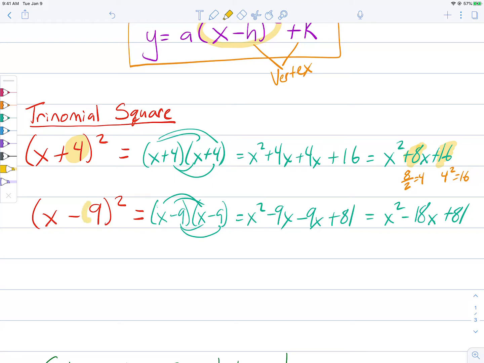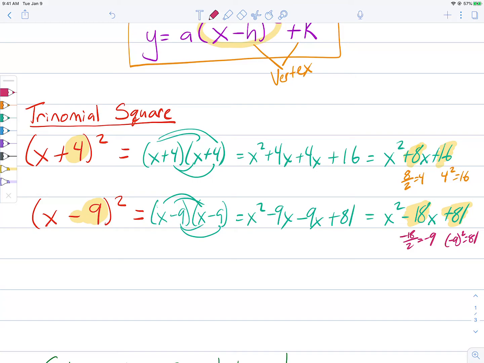When we first started, we had a minus 9. And we got a negative 18 and an 81. If I take negative 18 and divide it by 2, I get negative 9. Very nice. And if I take negative 9 and square it, I get 81.